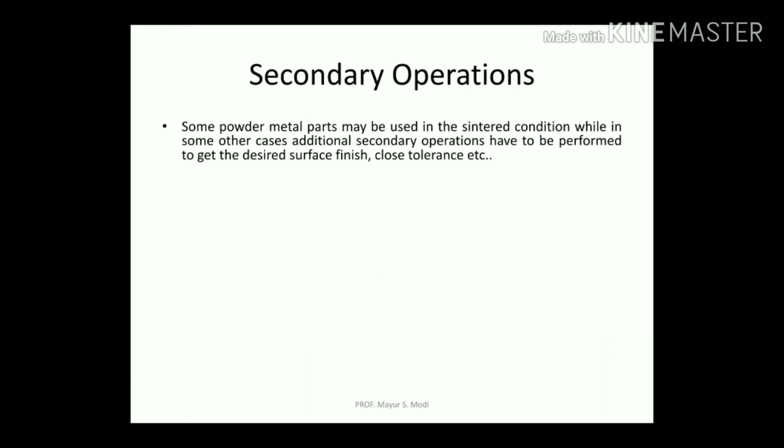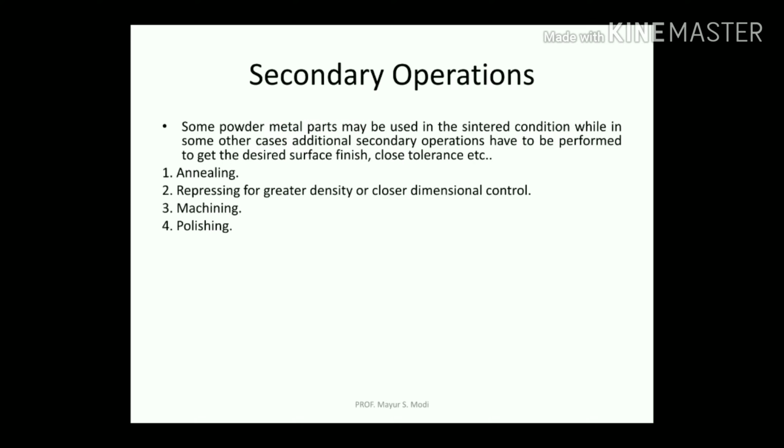Secondary operations. Some powder metals may be used in a sintered condition, while in other cases additional secondary operations have to be performed to get the desired surface finish or close tolerance as per the manufacturing standards. These include annealing, repressing for greater density or closer dimensional control or dimensional accuracy.